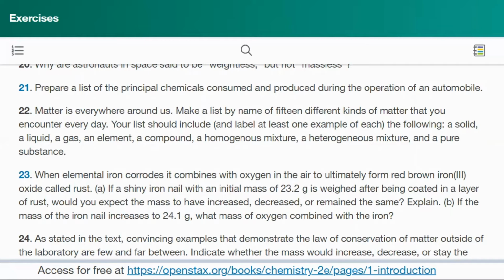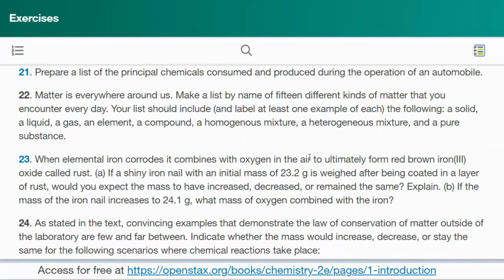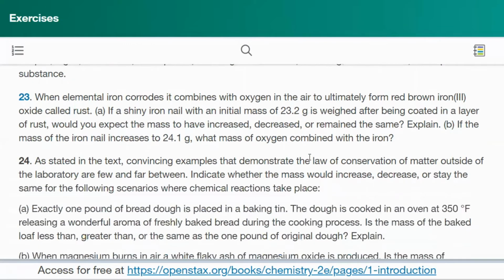Question 23. When elemental iron corrodes, it combines with oxygen in the air to ultimately form red-brown iron 3 oxide called rust.